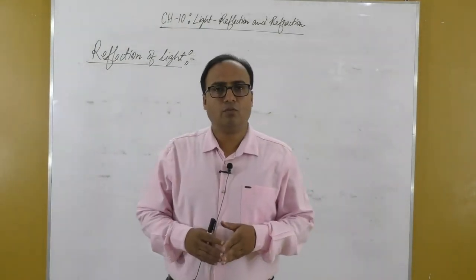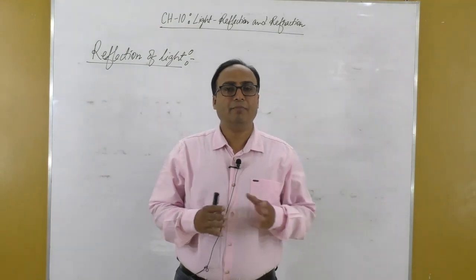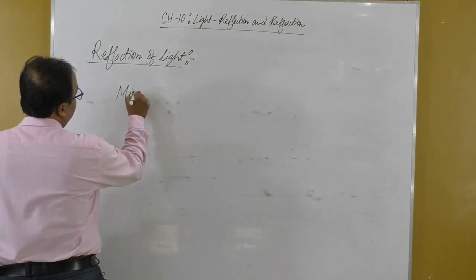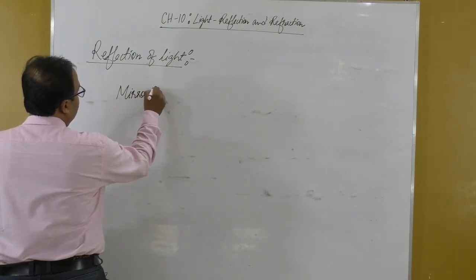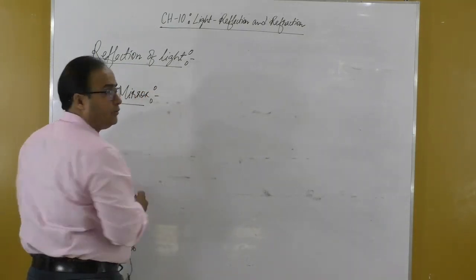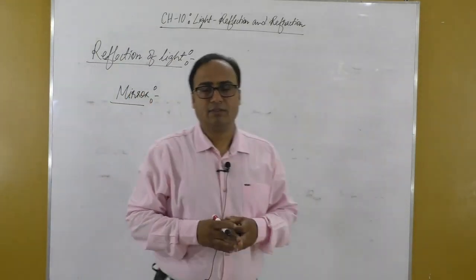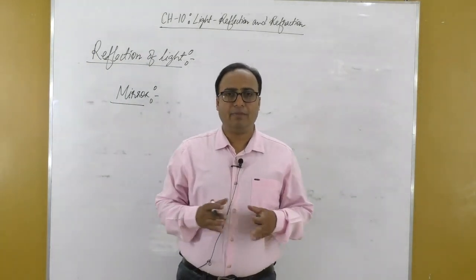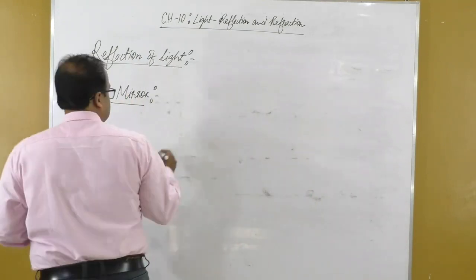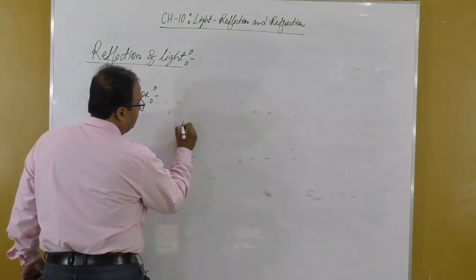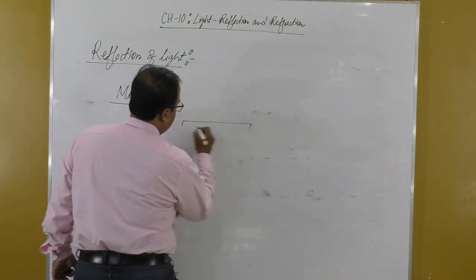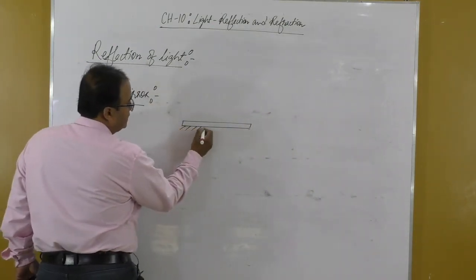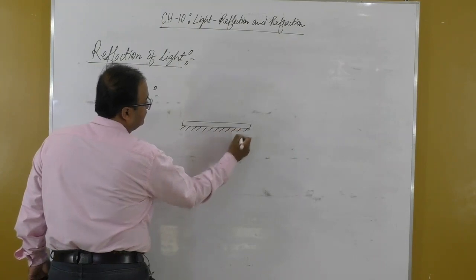Now you should know what is the meaning of the term mirror. Mirror, it is a highly polished reflecting surface. A highly polished reflecting surface is called a mirror, and the mirror that we know, most of them consist of a glass sheet and which is polished from one side.